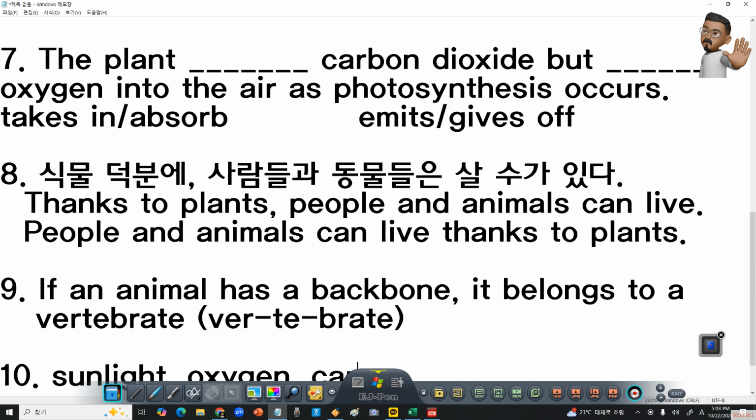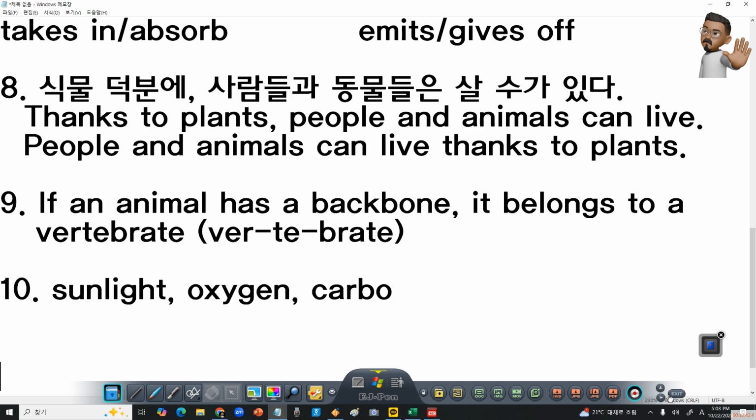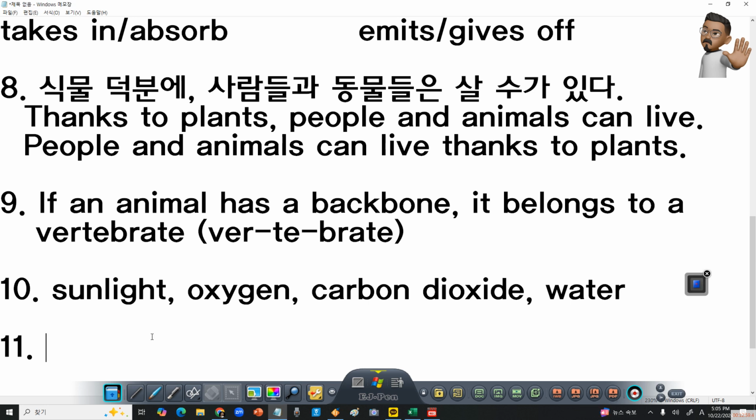Oxygen and carbon dioxide and water. Please write this down. Yes, you can write it down. You can practice writing. Okay, now number 11.